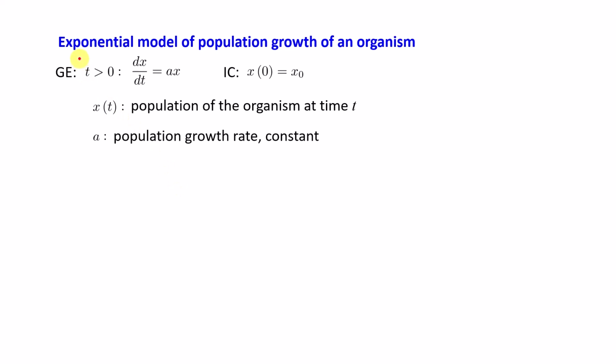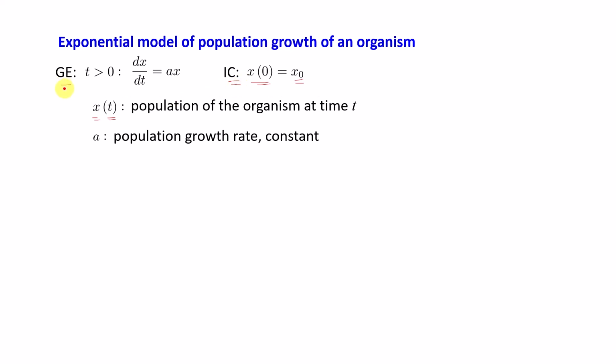One of the early models of population growth is what we call the exponential model or exponential growth model. Here, the variable x, a function of t, is the population of an organism at time t. At time t equals 0, the organism population is x0, which is known, and that is the initial condition for us.